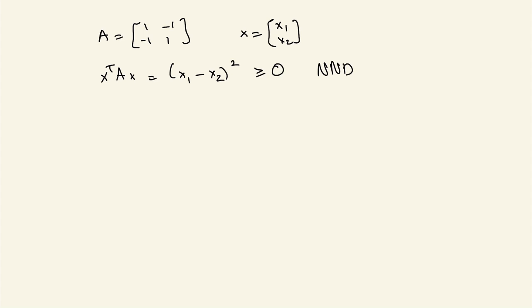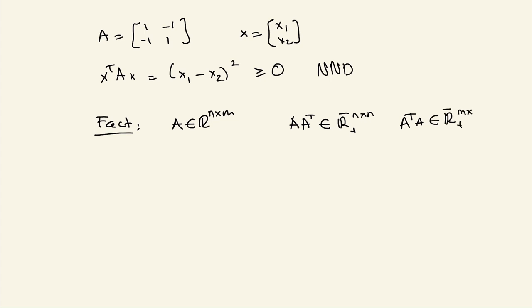Now, about non-negative definiteness, I would like to mention an interesting fact before moving to the second example. Let's say A is some arbitrary n by m matrix. If you find A transpose A, it will be an m by m non-negative definite matrix, and it will be symmetric.